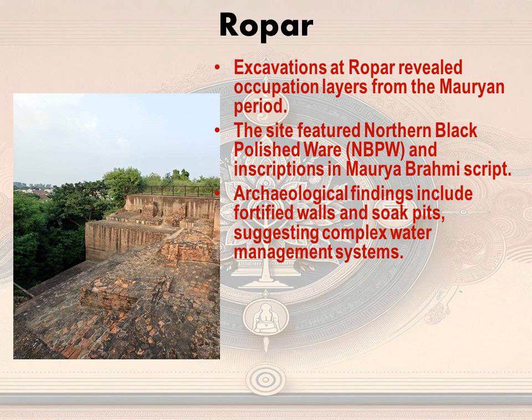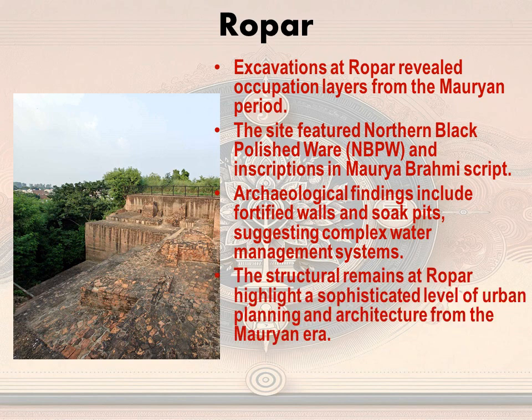So we get the existence of a defensive structure in the form of fortified walls and also soak pits, which suggest that proper attention was paid towards hygiene. The structural remains at Ropar highlight a sophisticated level of urban planning and architecture from the Mauryan era.